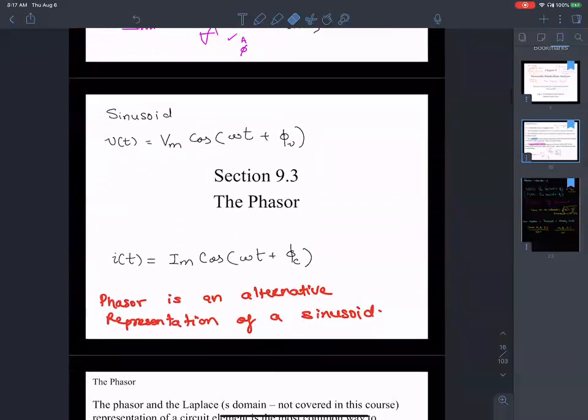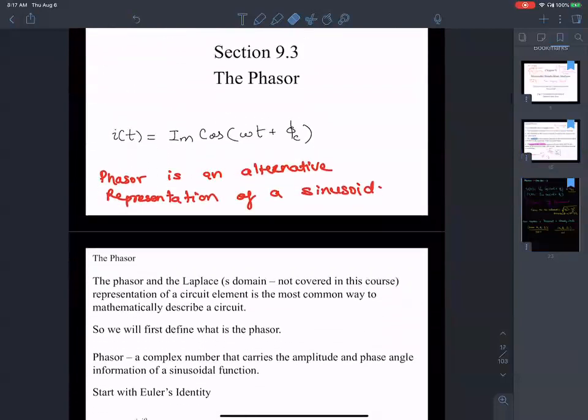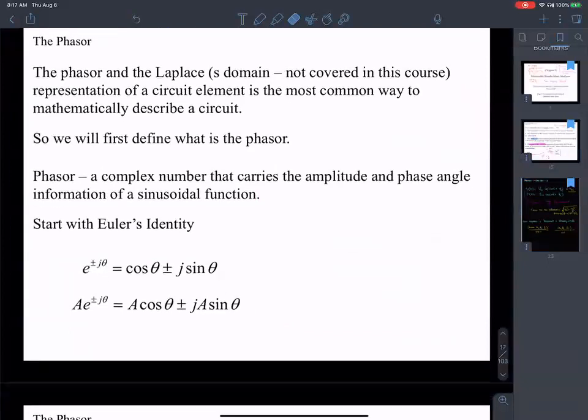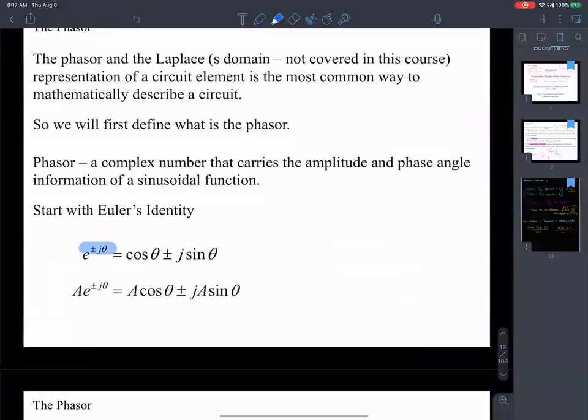Then we started talking about the phasor, which is fundamentally based on the idea that e to the j theta is cos theta plus j sine theta. I'm going to come back to using this over and over again.